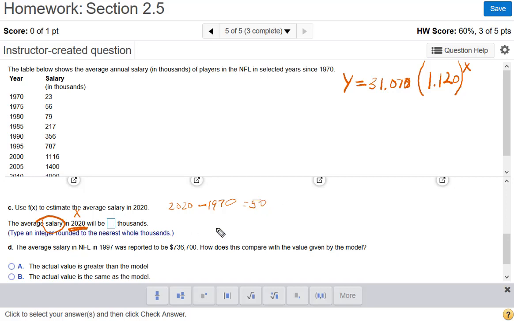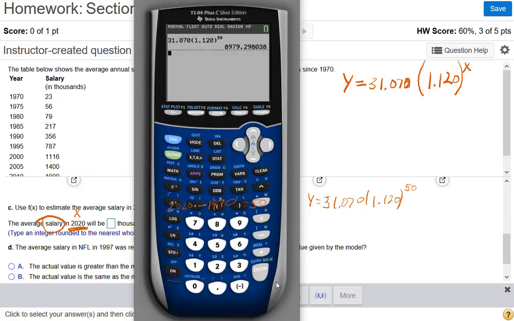So we want to plug a 50 in place of X in our function. So that would be 31.070 times 1.120 to the 50. Now we'll be rounding that, it says, to the nearest whole number. So that would be 8979.